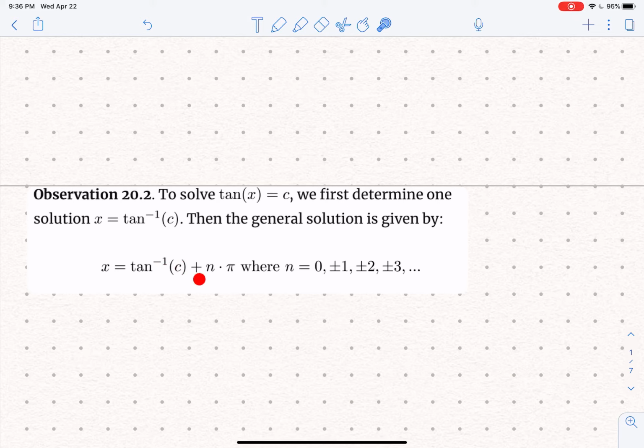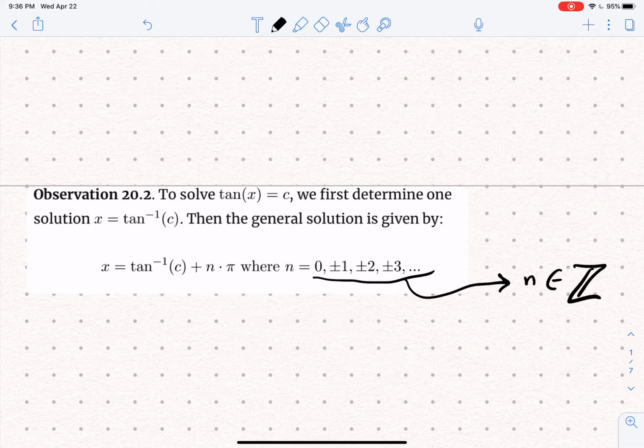And then it says plus n many copies of pi, where n is either 0, or plus or minus 1, or plus or minus 2, or plus or minus 3, and so on. Those of you who remember from the beginning of the semester, this is just a long-winded way of writing n is an integer.